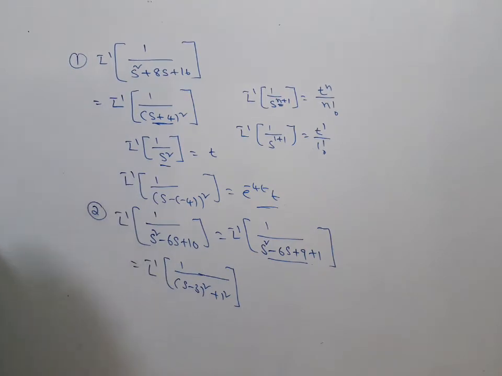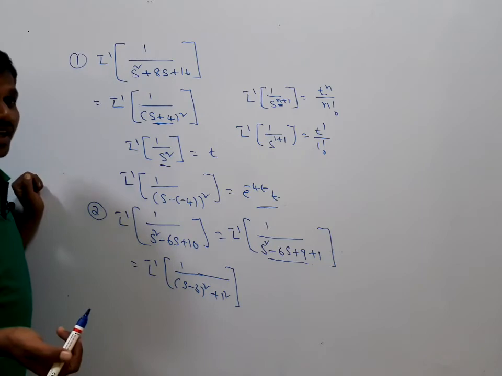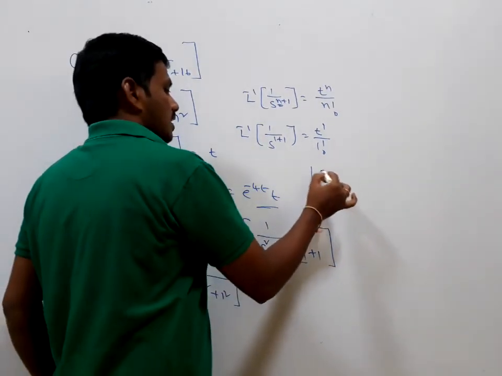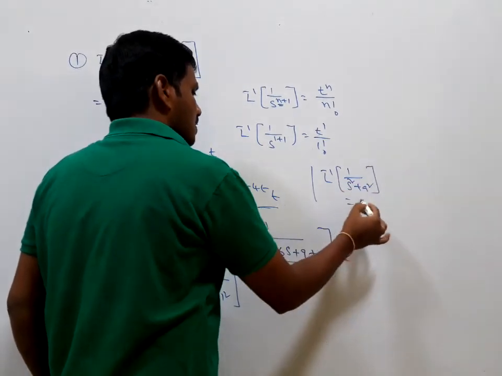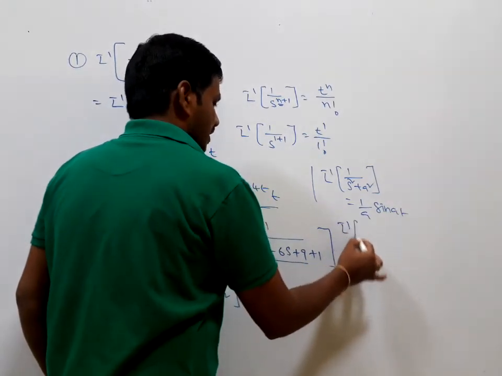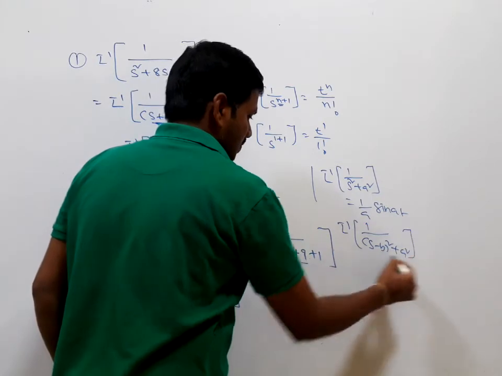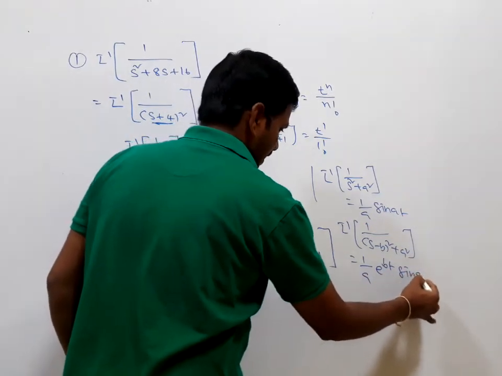Did you get an idea here? Just now I wrote L inverse of s minus b whole square plus a square. We know that L inverse of 1 divided by s square plus a square is equal to 1 by a sine at. L inverse of 1 divided by s minus b whole square plus a square is equal to 1 by a e to the power of bt sine at.